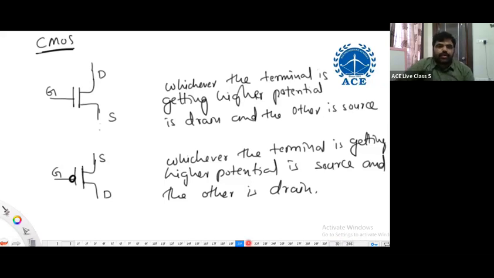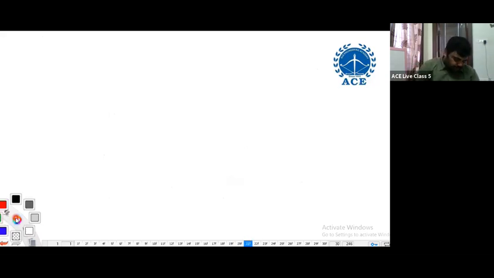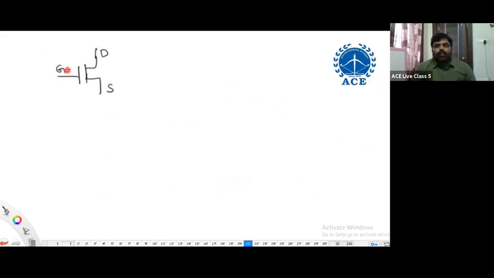One more thing we need to understand: when it can be on and when it can be off. These conditions are also important. For an N-channel MOSFET, with drain, source and gate, what is the voltage required to switch it on? VGS, the gate to source potential, must be greater than or equal to the threshold voltage of the N-channel MOSFET, VTN.